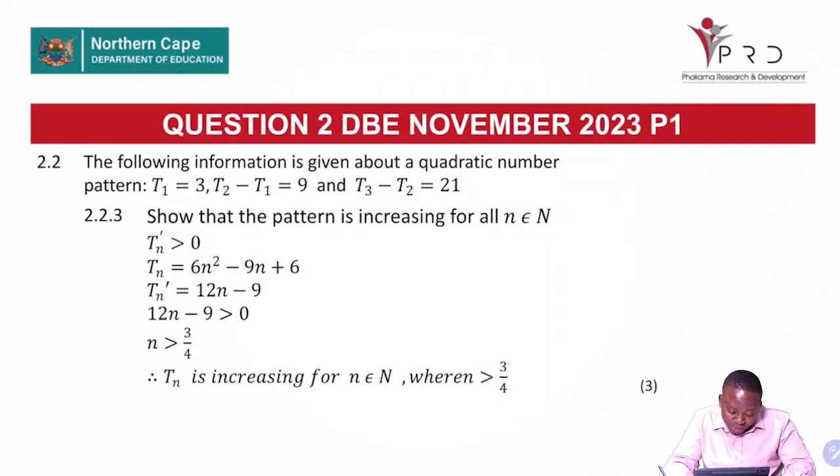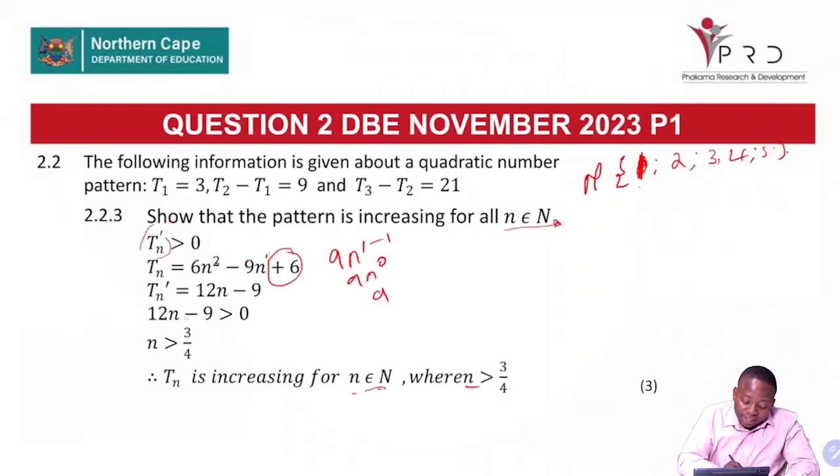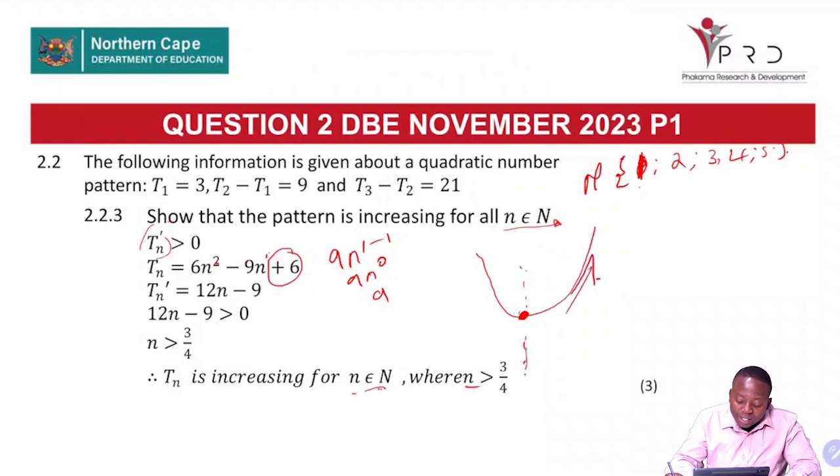What we could have done there is, we understand that this is a quadratic equation. We are looking for when the pattern will increase, and since n is a natural number, we're looking for values greater than 1. So we're going to work from x equals negative b over 2a.